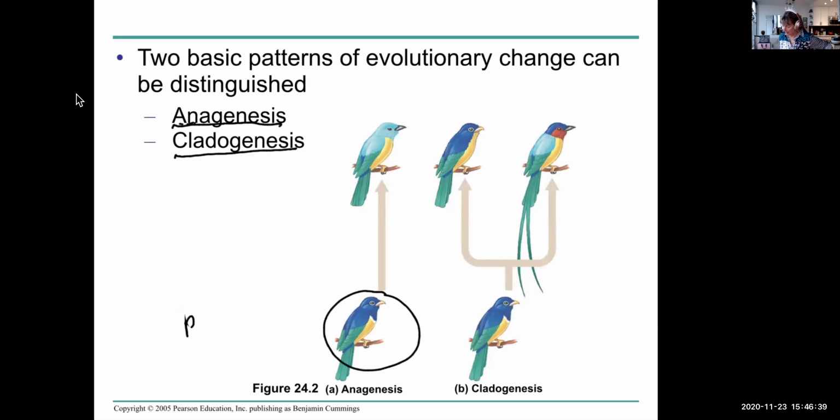Anyway, so this is a population of a species, and eventually, over generations, it goes through so many changes that over time, probably thousands, perhaps millions of years, it develops into a new species.